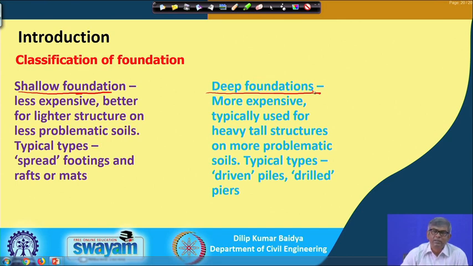It is applicable only for less problematic or even non-problematic soil, and the cost is obviously less. The foundation is at shallow depth, and typical types are spread footings and raft mat. I gave examples in the previous lecture and also showed the photo sketch.